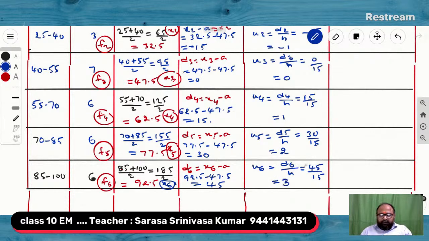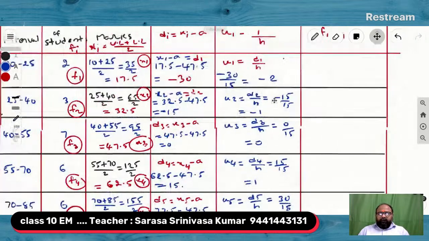Now we have calculated all the required values. We have noted down F1 to F6. The second column is X1 to X6, which are the class marks. Next we found the deviations D1 to D6, and the step deviations U1 to U6.